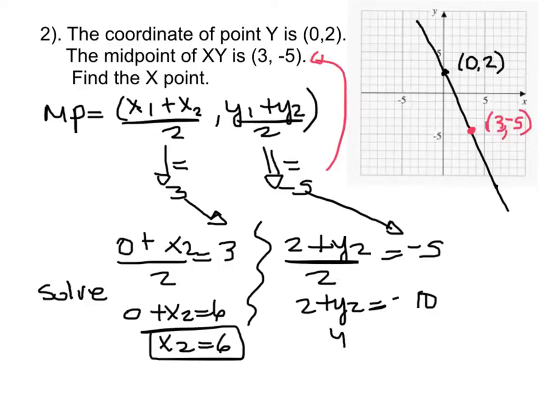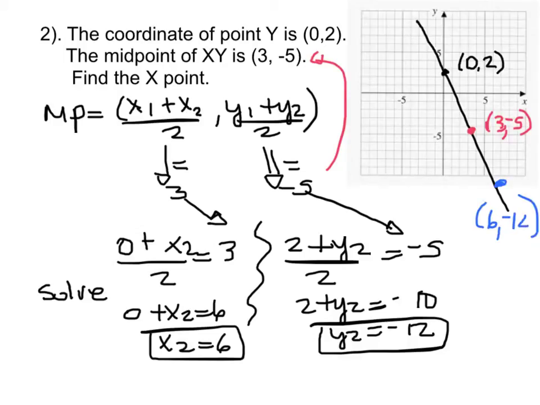Then I say y2 is equal to minus 12. And if I have to look for that point, it will be around here, and that is 6, minus 12. And that is how you find a point that you don't have, which is this one.